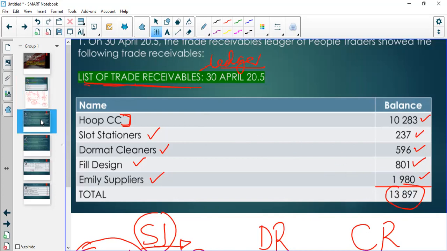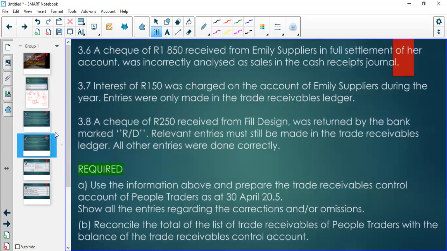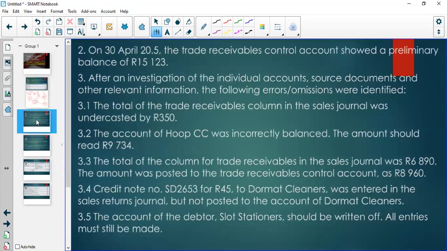But if you come now to the story, you will see that there is a good chance that some transactions are not recorded properly, either in the list of balances or in the trade receivables control. So how do we carry out a reconciliation? We carry out a reconciliation by first of all preparing a corrected trade receivables control account.